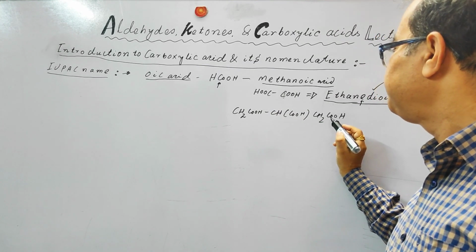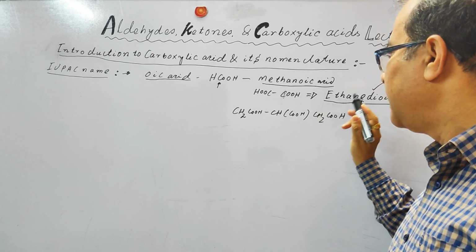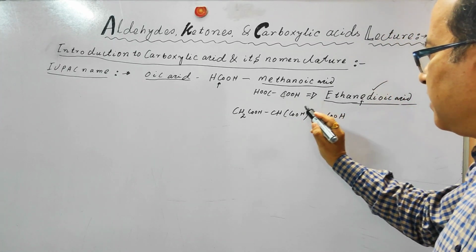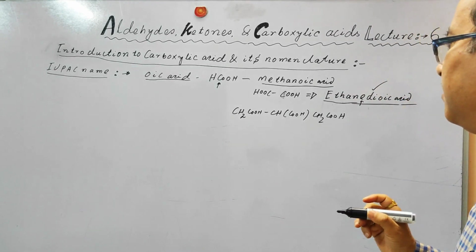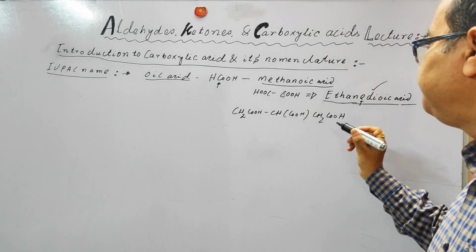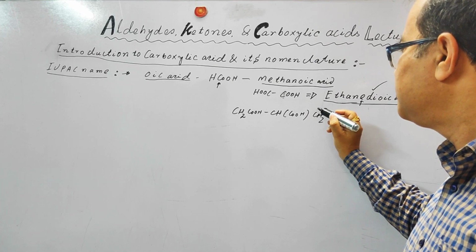In this case, we also have to identify where each carboxylic group is placed. For that, we number the carbon atoms from here.